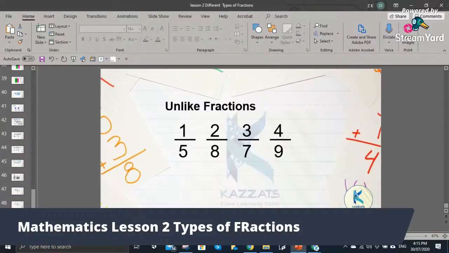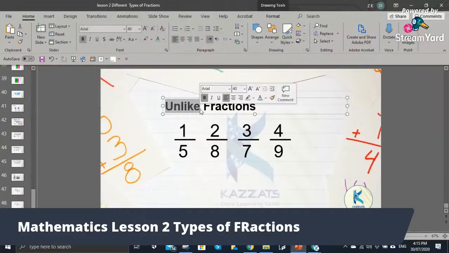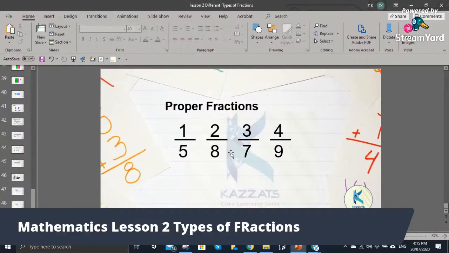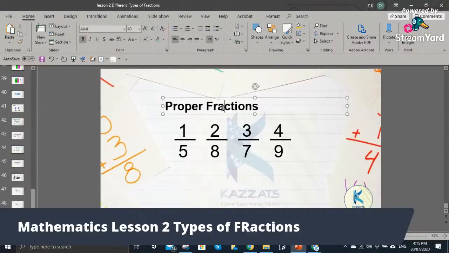proper and improper fractions. When we are talking about fractions, everybody is talking about this being a proper fraction, this being a reduced fraction, this being a simplified fraction. So we have to talk about this. The proper fractions are only those fractions, they can be like, they can be unlike, which have the numerator less than the denominator.